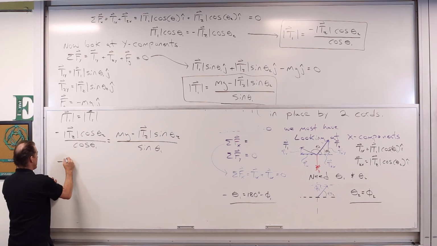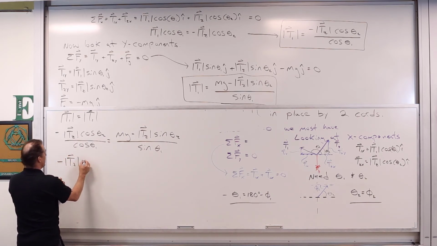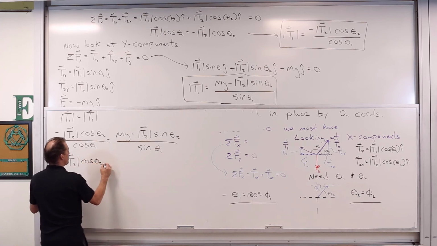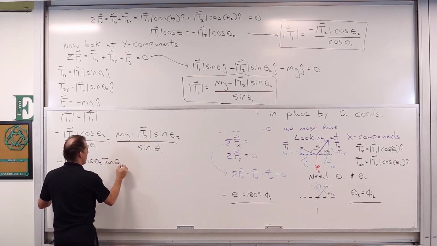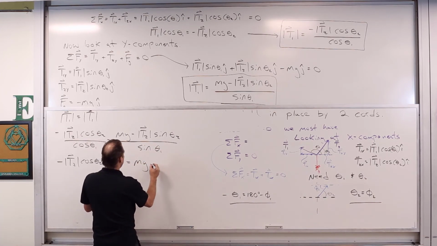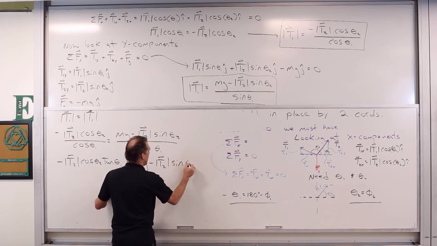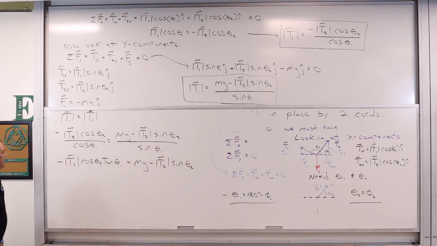So I'm going to write this as negative magnitude of T2 times the cosine of theta 2 times the tangent of theta 1 is equal to mg minus magnitude of T2 times the sine of theta 2. Alrighty then. And then what?